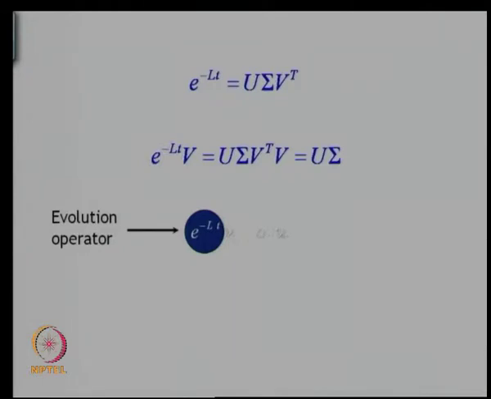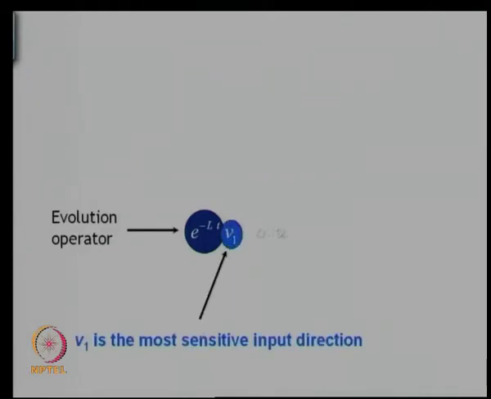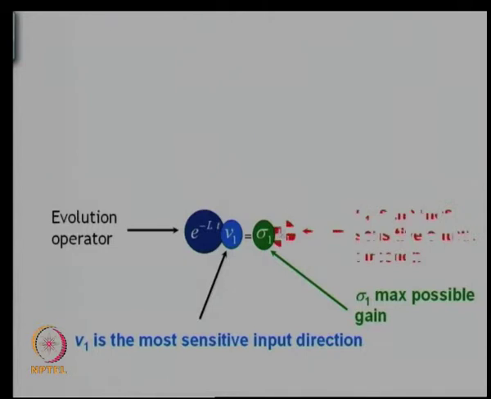So the evolution operator is e power minus Lt, and let us see, it acts on the most sensitive input condition. So this will give sigma 1, which is the maximum possible gain, multiplied by U1. Now the e power Lt can not only act on V1 but can act on V2, V3, V4, V5, V10. Now why are there these columns?